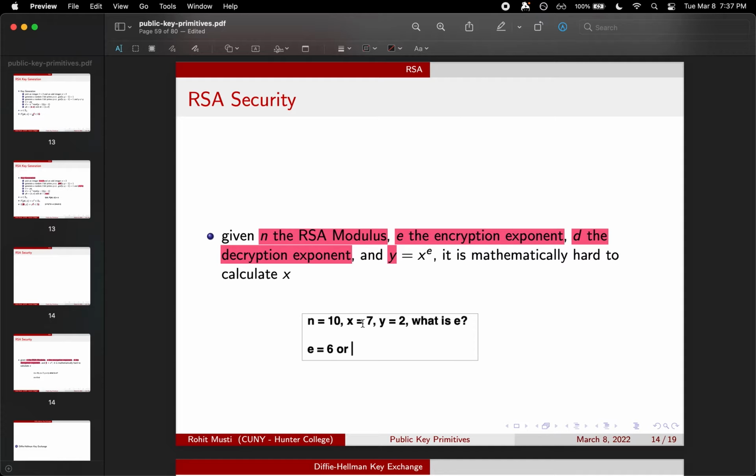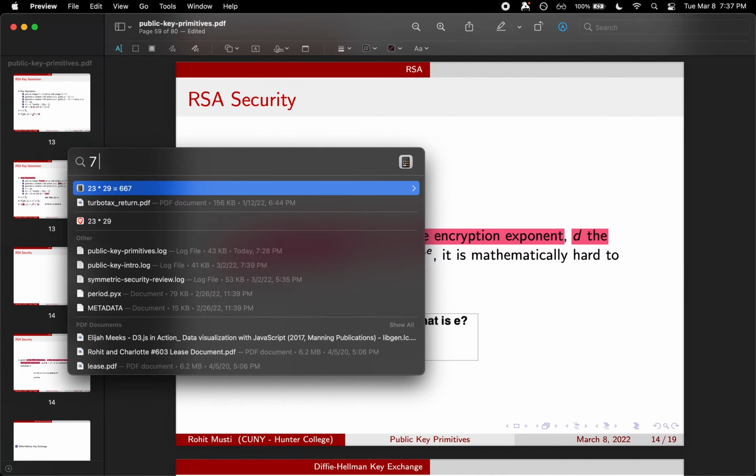Or I'm just going to look for something mod 10 that gives me 2.